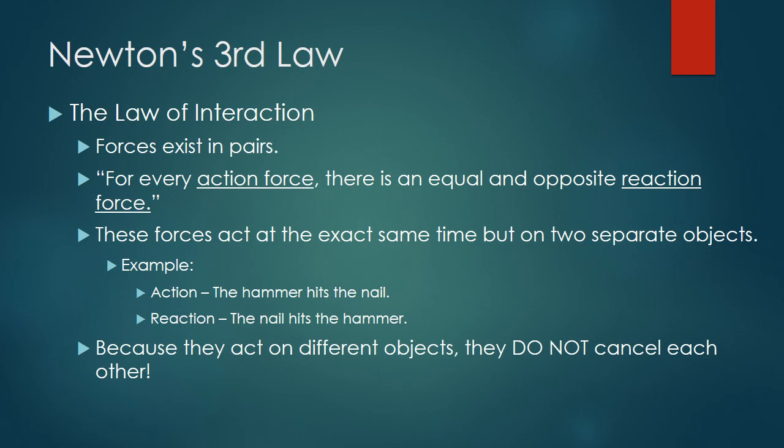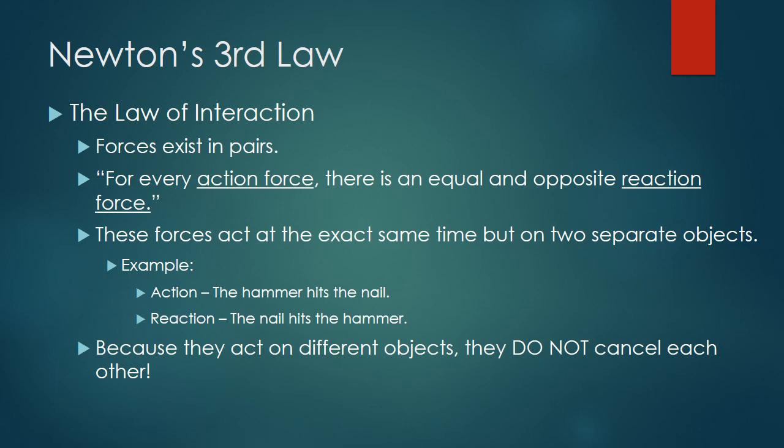Okay? What's important about this is to know that you're always going to have two exactly opposite things. So like if you punch something, let's say you punch a couch. Let's make it something easy. You are going to hit the couch with the same force that the couch hits you.